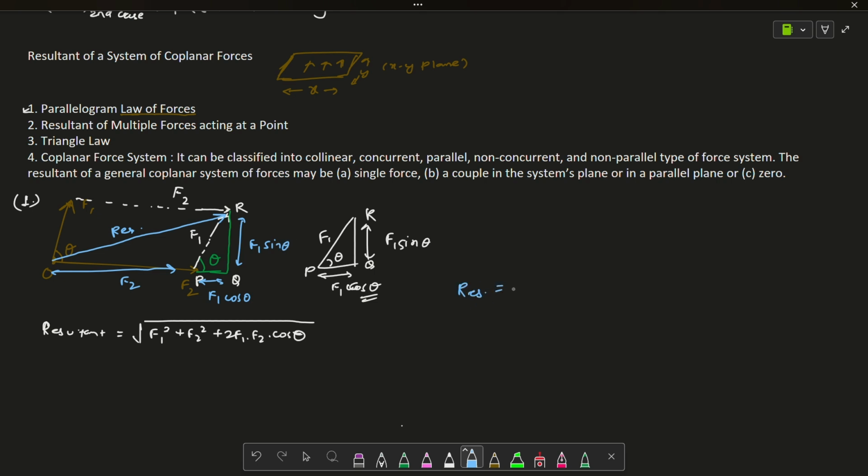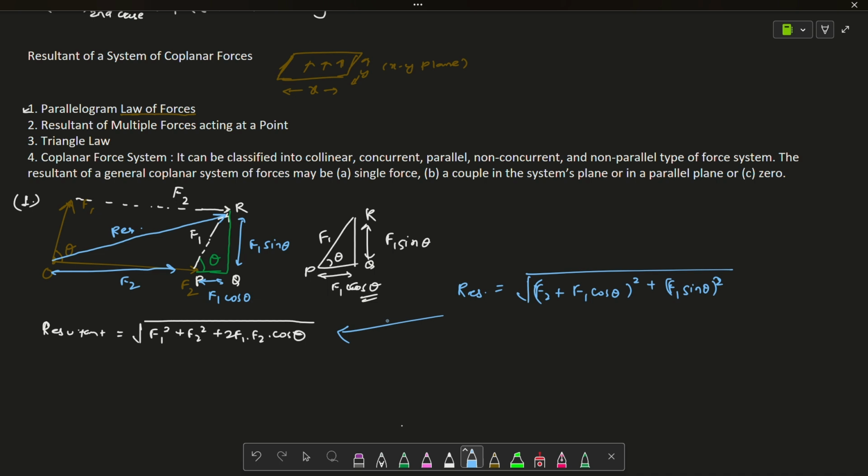From the Pythagoras theorem, the resultant force would be equal to the square root of (F2 plus F1 cos theta) squared plus (F1 sin theta) squared. If you solve this you will get this equation.